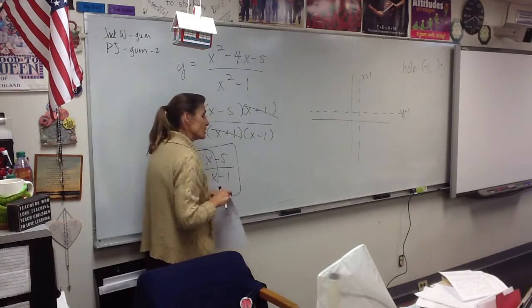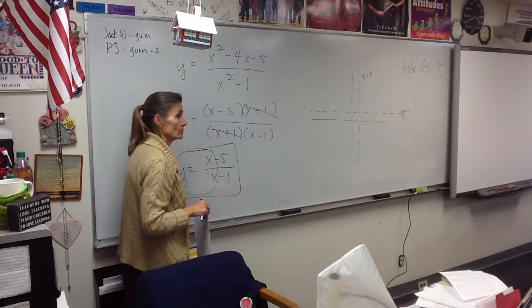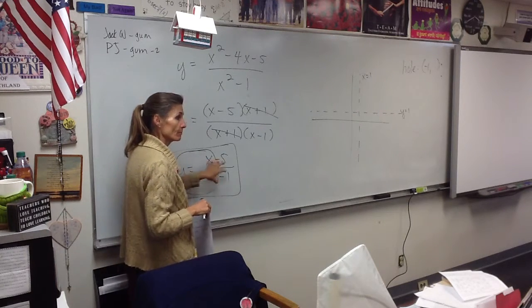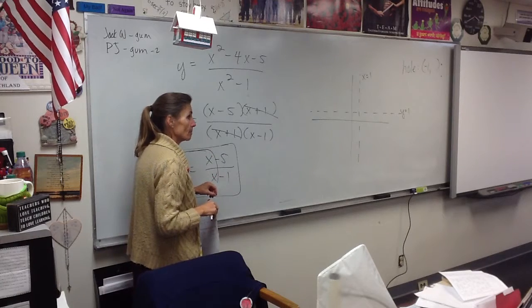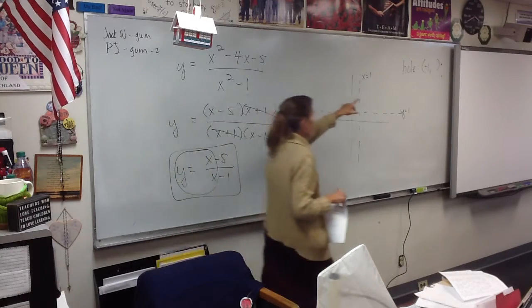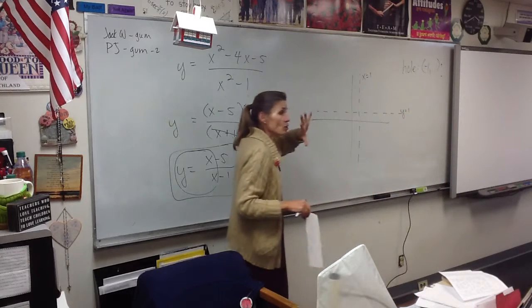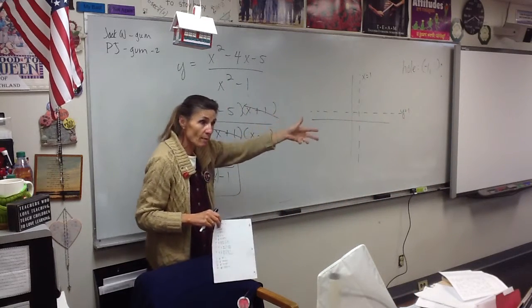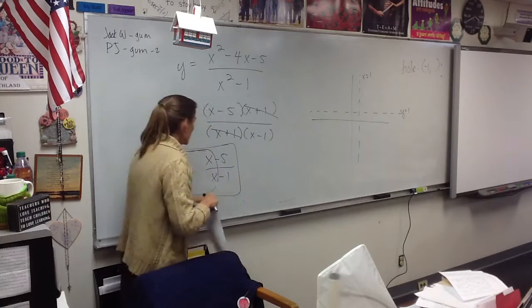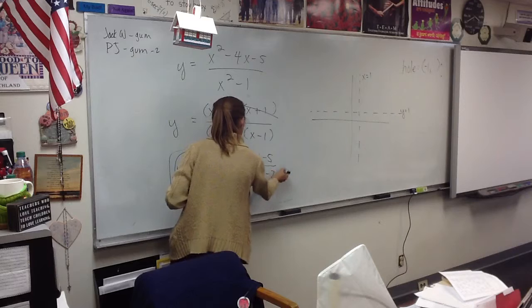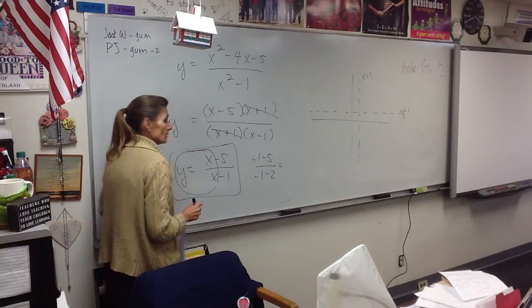How do you think we could get the y part? How do I get y? I don't want to plug in 0, I want to plug in negative 1. If I want to know what the y coordinate is, don't I plug in the x coordinate? So if I plug in negative 1, I will have this, which is what?